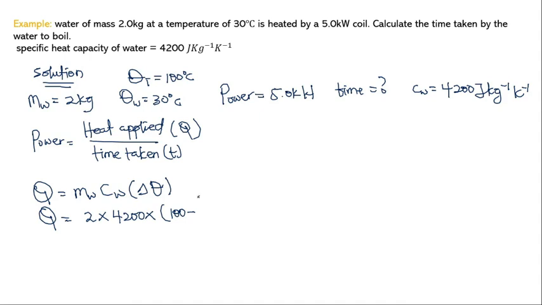So the initial temperature over here is what? 30. So if we do the multiplication, we get here 8,400 multiplied by what? 70. So our heat energy involved over here is what?